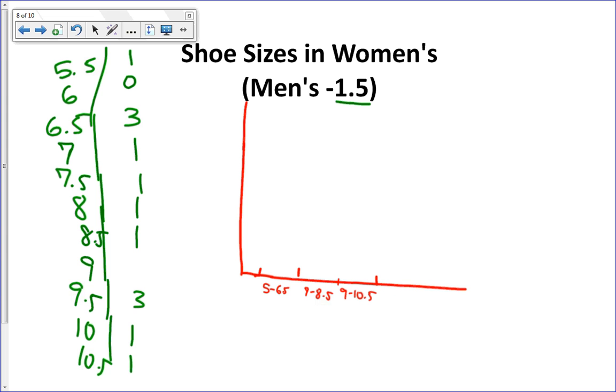Okay, so how many do we have between 5 and 6.5? We have 4. So 1, 2, 3, 4. How many between 7 and 8.5? Oh, you know what?